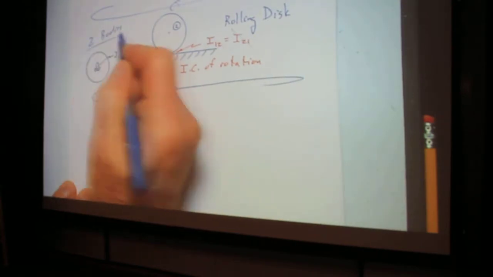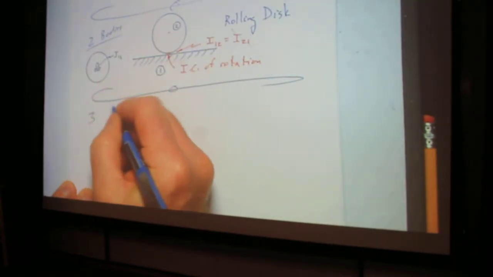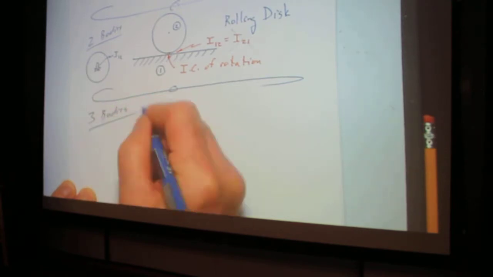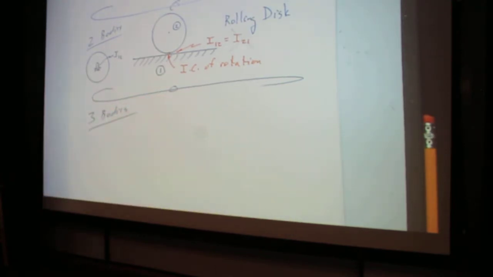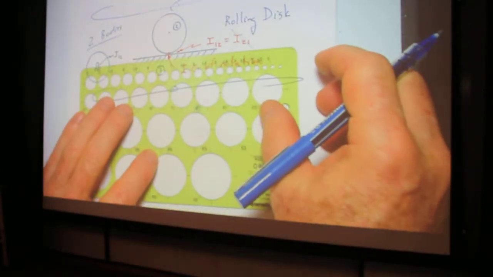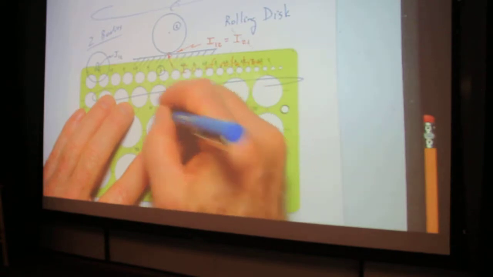So we did 2 bodies here. Let's do 3 bodies. So with 3 bodies, let's draw a gear train or gear pairing.